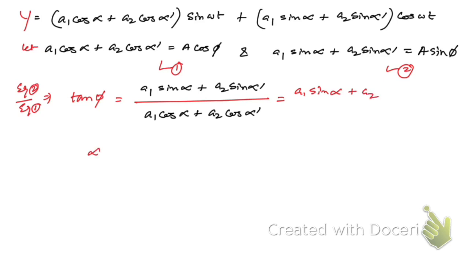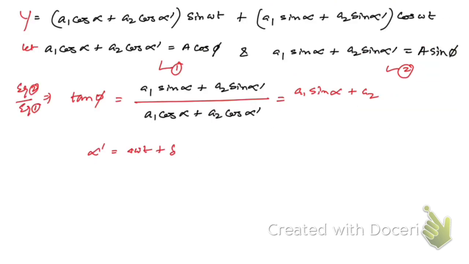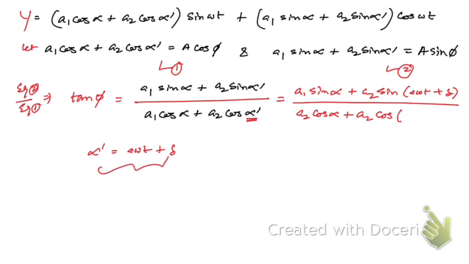We have already got that α' = Δω t + δ. If we put that value here again, we get tan φ = (a1 sin α + a2 sin(Δω t + δ)) / (a1 cos α + a2 cos(Δω t + δ)).